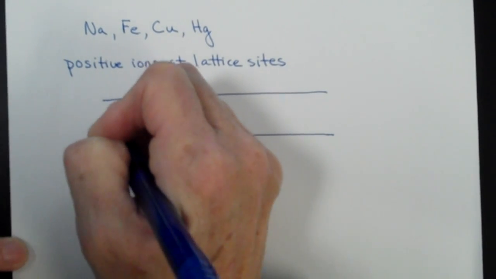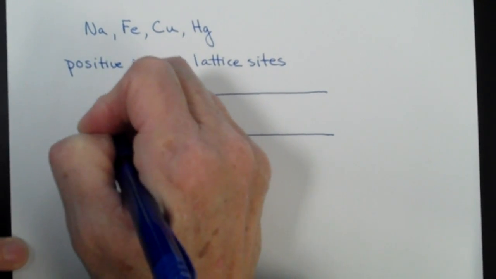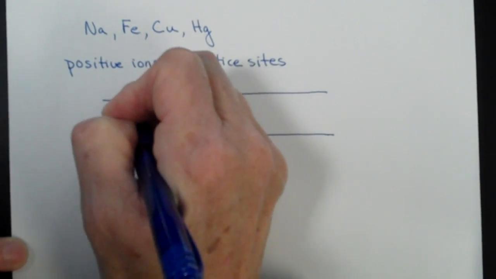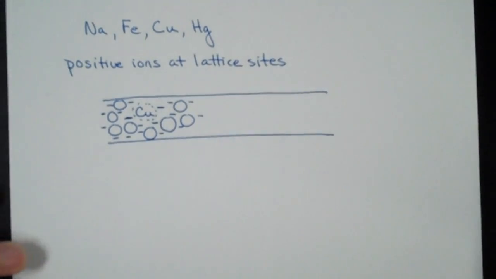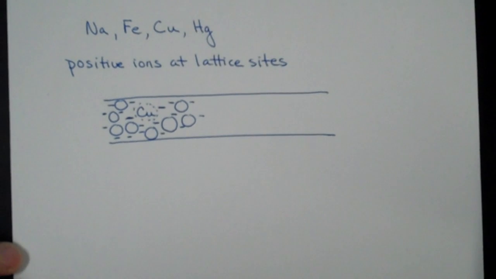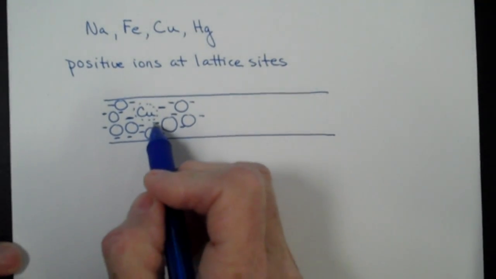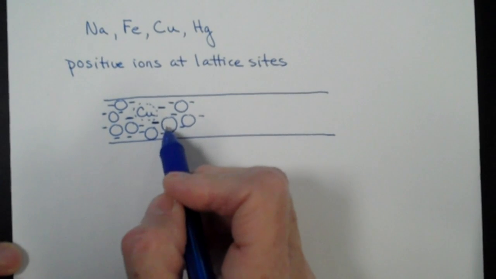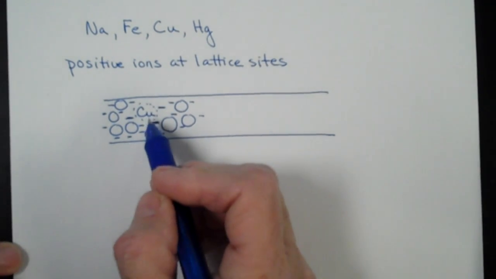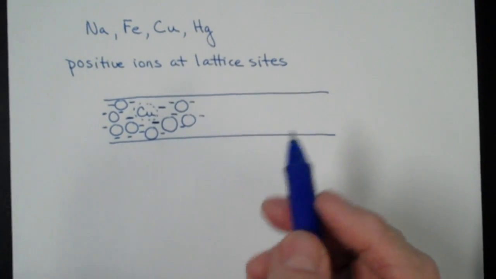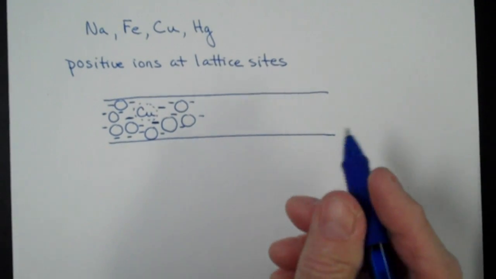And what you have is a situation where you start to wonder, to which kernel does this electron belong? To this one, any of the neighboring central portions of the atom.